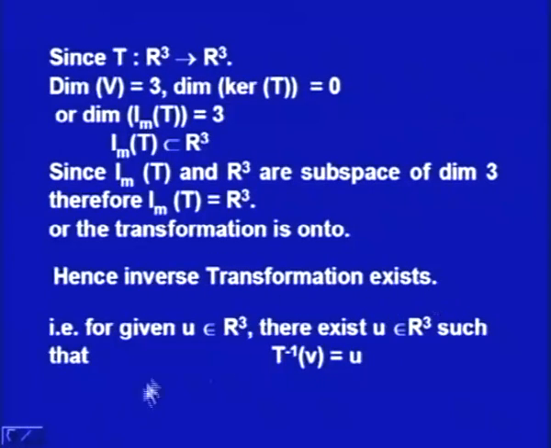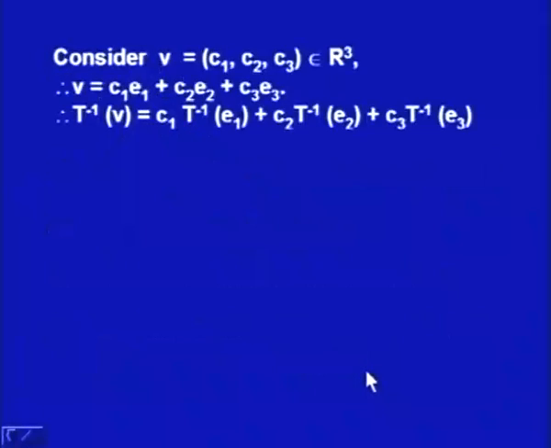That is, for given U belonging to R3, there exists V belonging to R3 such that T inverse V is equal to U. Now, for this I consider the vector V as (C1, C2, C3) belonging to R3, which is a linear combination of the base vectors E1, E2, E3.